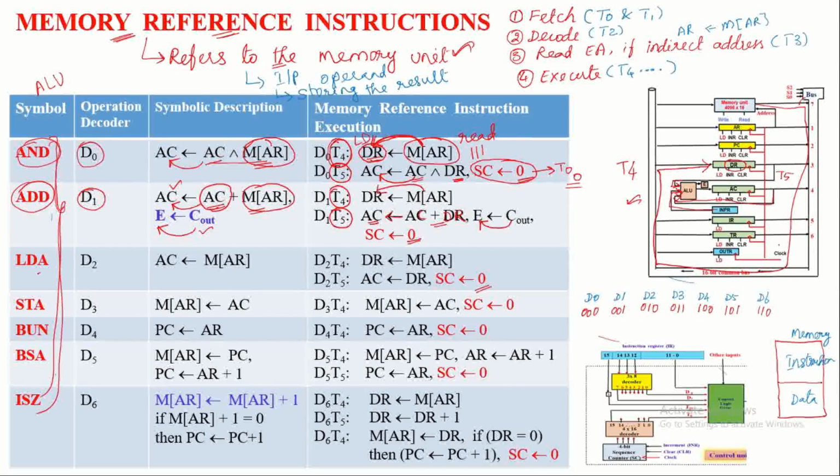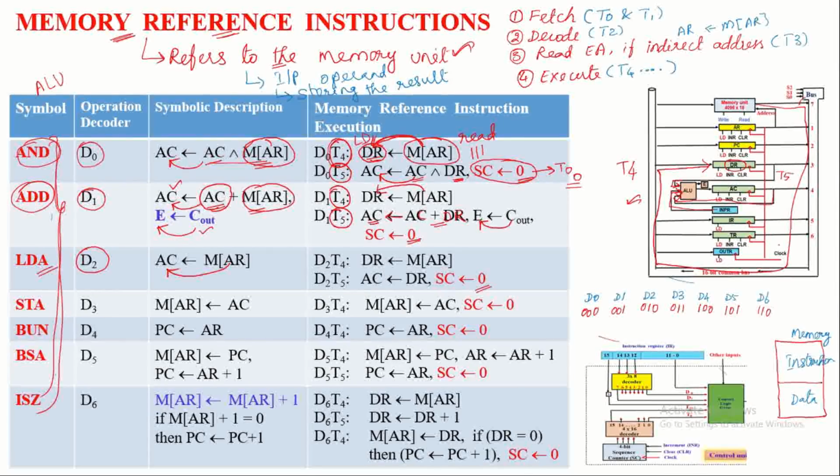Coming to the load memory word to accumulator, this operation is performed when the D2 output of the decoder is active. When this operation is performed, the memory word available in the memory unit at the location pointed to by the address register has to be transferred to the accumulator.